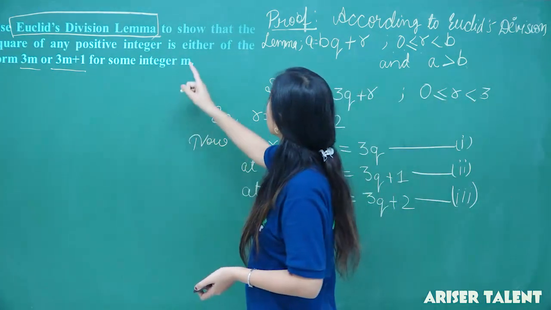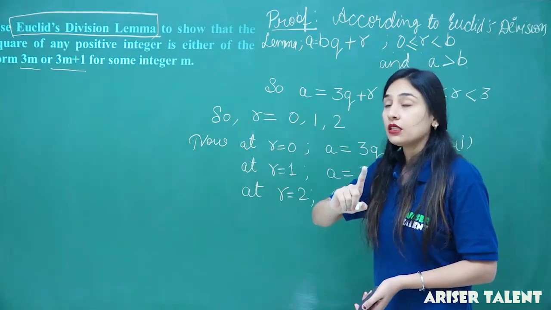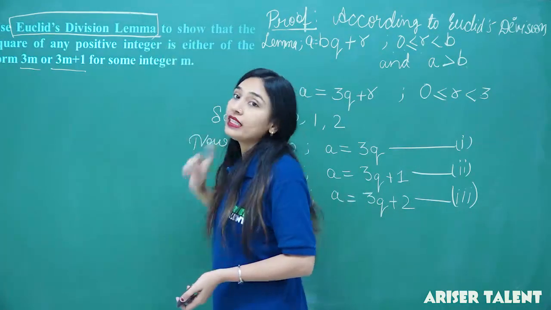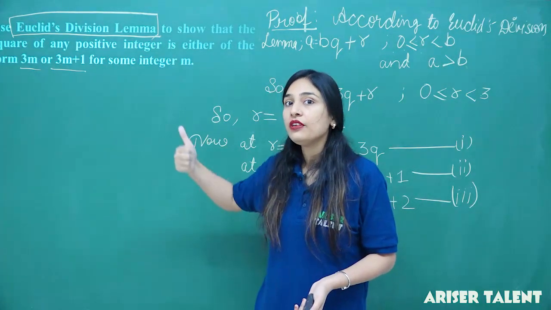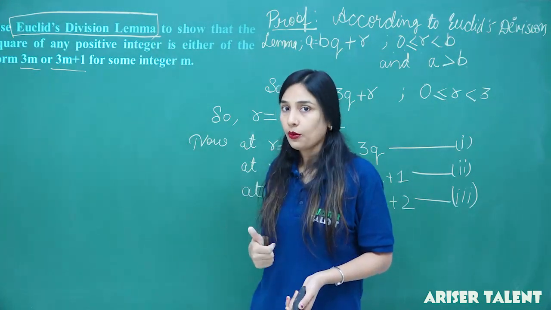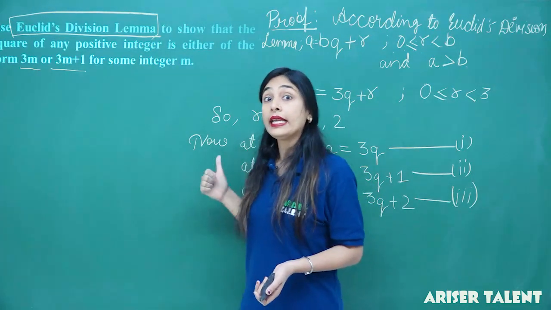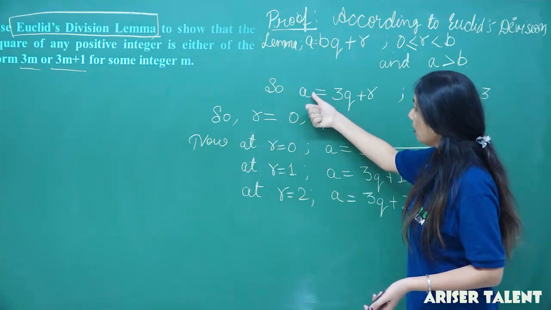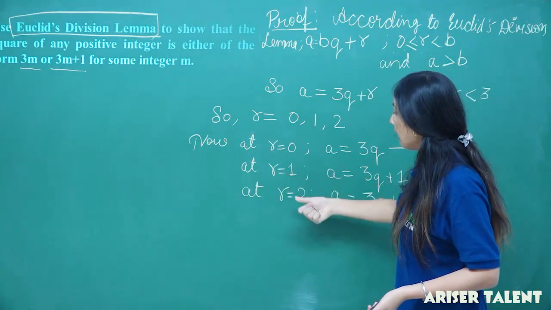Now, what have we been asked? Any positive integer. Now, A is any positive integer. It's saying the square of any positive integer. So, if A is a positive integer and we have to talk about the square of a positive integer, what will we square now? We'll square A, at R equals 0, 1 and 2.